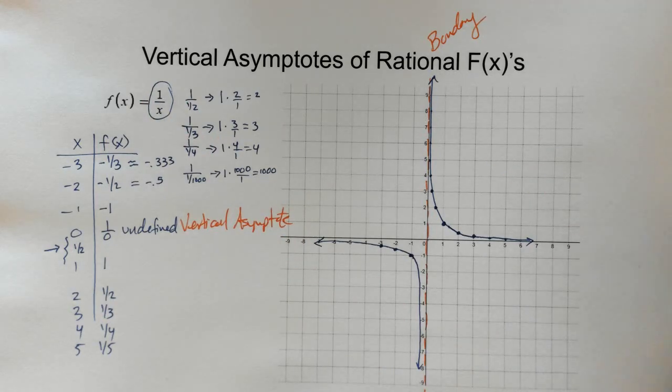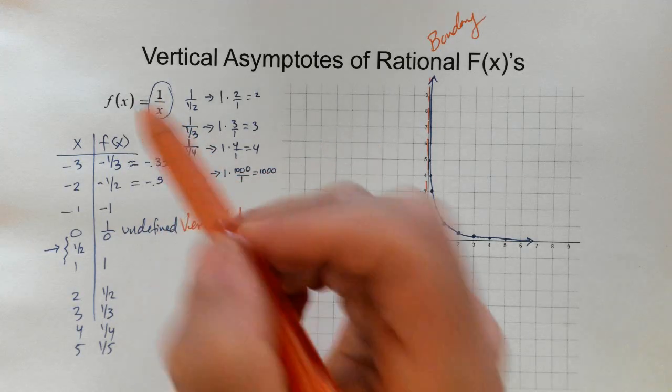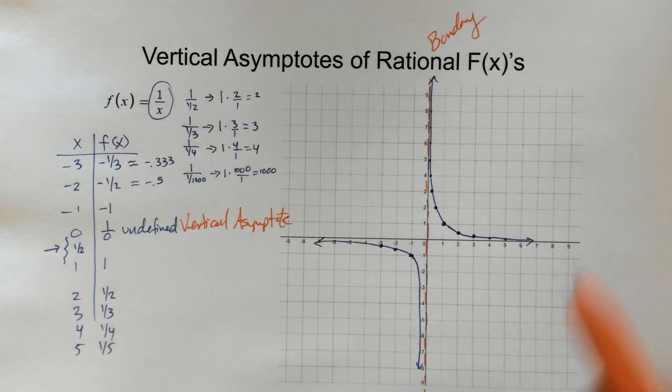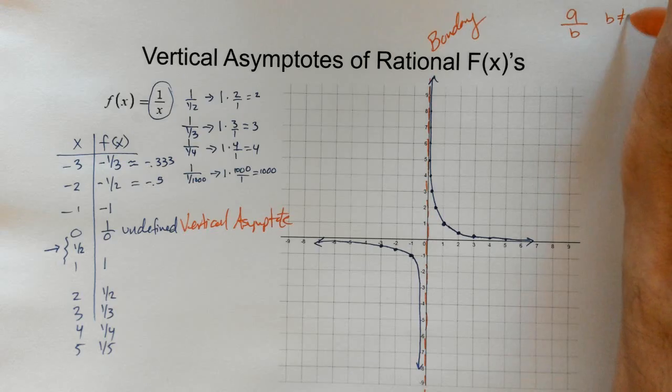Now, some functions have 2 vertical asymptotes or more, right? But a vertical asymptote occurs when you have a rational function and you're trying to divide by 0. Now, a rational number by definition is any number expressed as a fraction a/b, as long as b is not equal to 0.